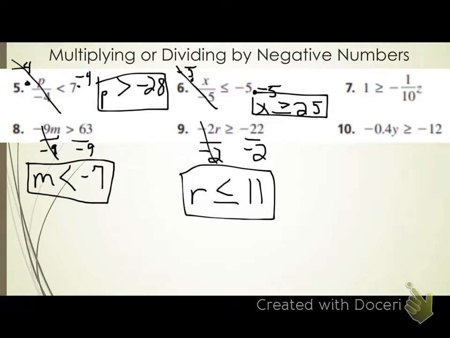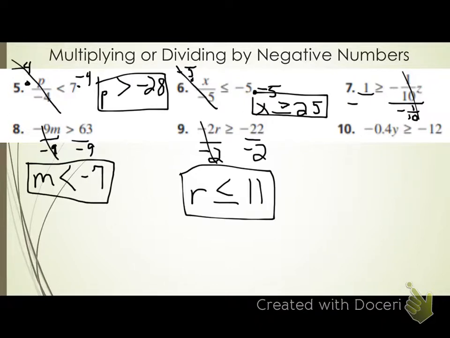Number 7. I've got 1 is greater than or equal to negative 1/10 z. What's the operation going on between negative 1/10 and z? Multiplication. So what do I need to do to both sides? Divide by negative 1/10. That'll cancel out.